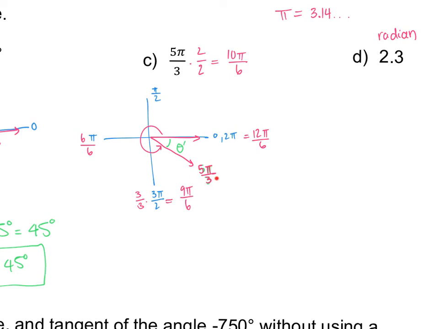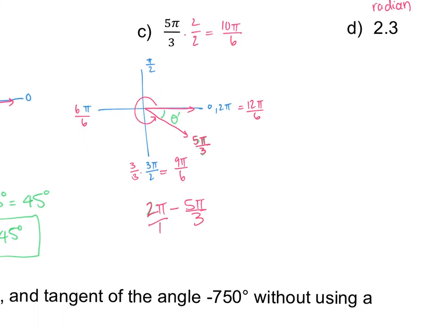To get to this angle here, I take 2 pi and subtract 5 pi over 3, so I would find a common denominator. So put 2 pi over 1, and I can make this a 3 if I multiply the top and bottom by 3. So this is 6 pi over 3 minus 5 pi over 3.